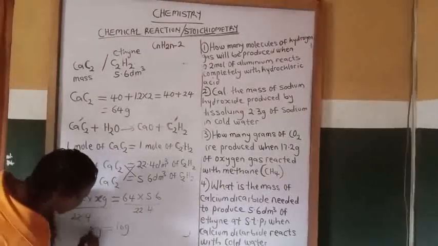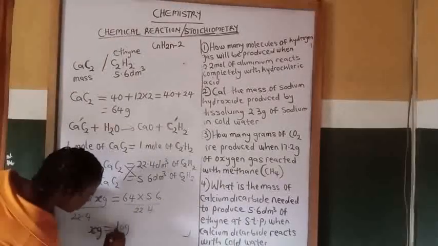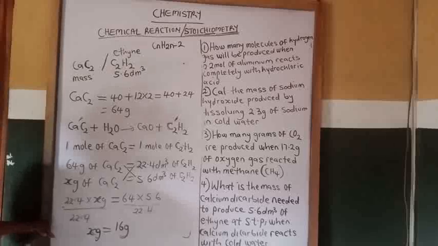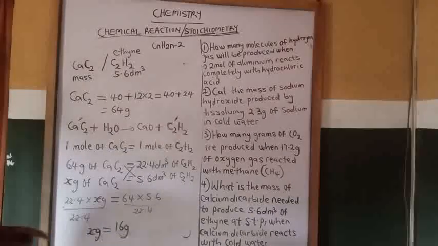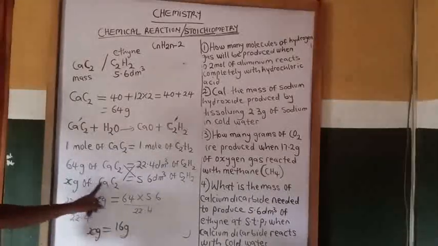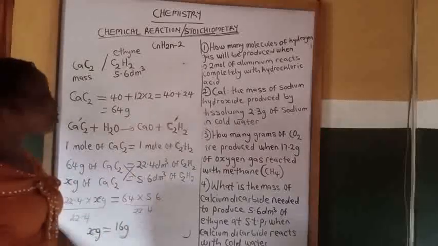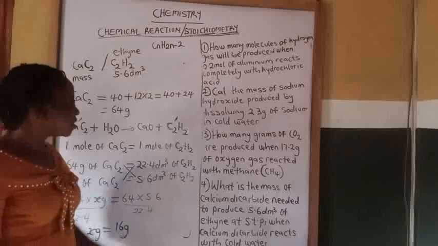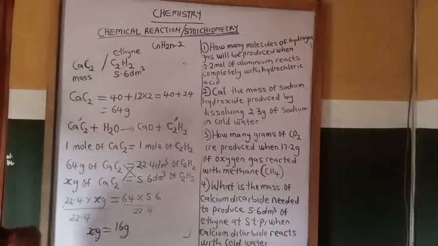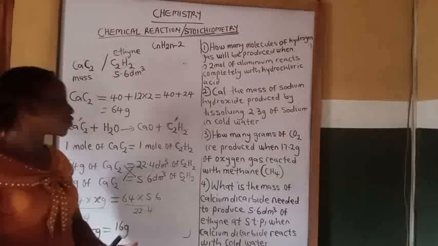So our final answer is 16 grams. It shows that 16 grams of calcium dicarbide will produce 5.6 dm cube of ethyne.